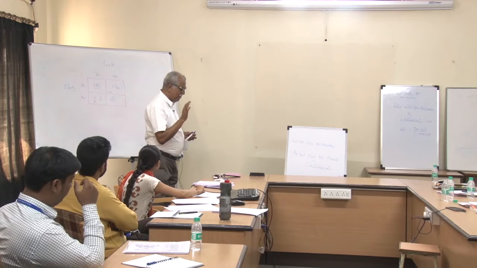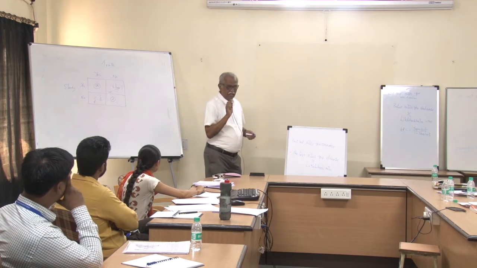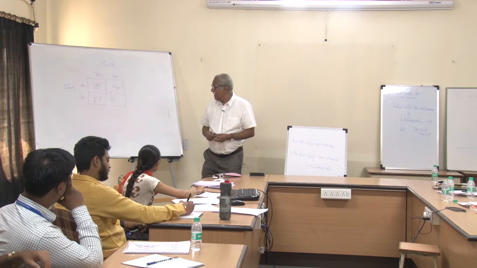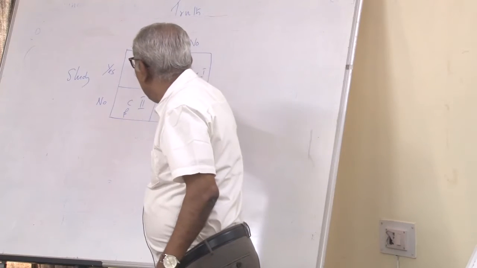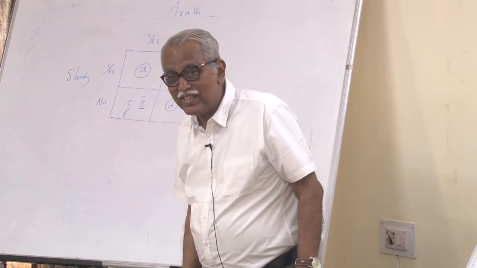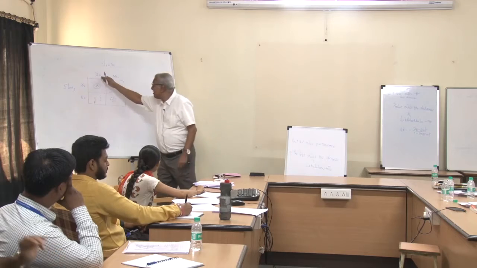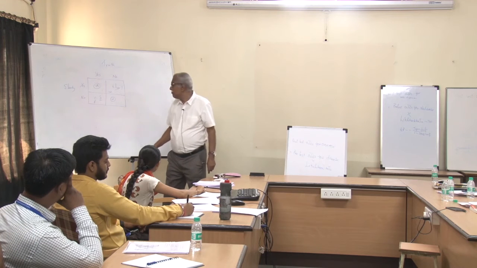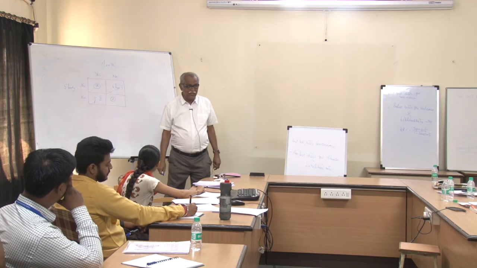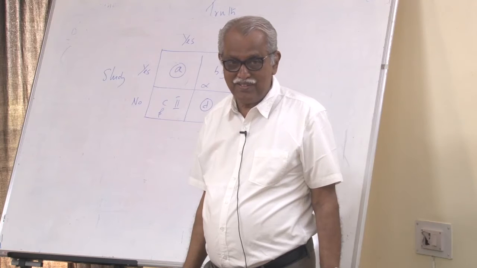But what I want you to remember is this. Now, this is stuff that is a little tricky. Look at it this way. This is something similar to our diagnostic test. Disease present, disease absent. So this A actually is a true positive.